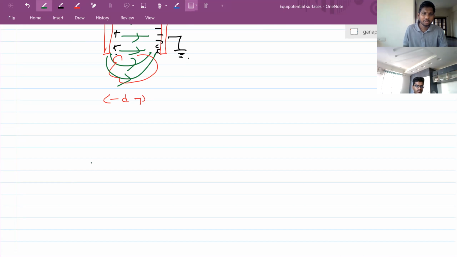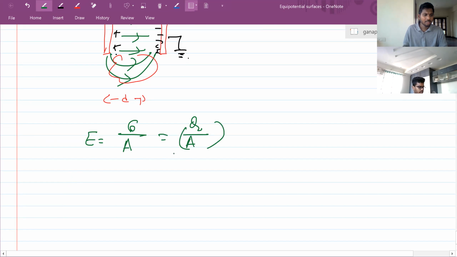The electric field formula. What is the electric field formula? Sigma by epsilon naught, right? For a conductor, sigma by epsilon naught.